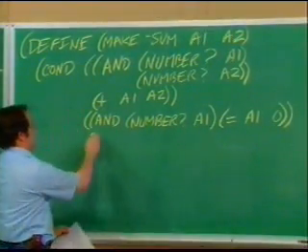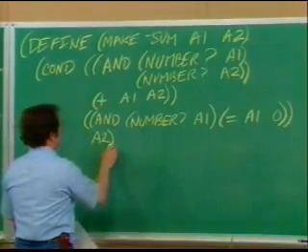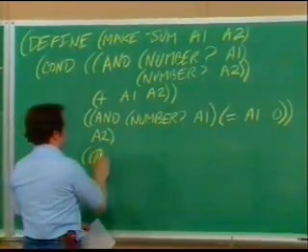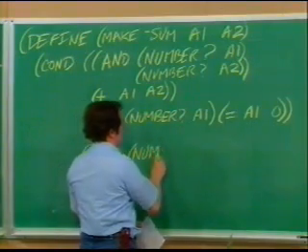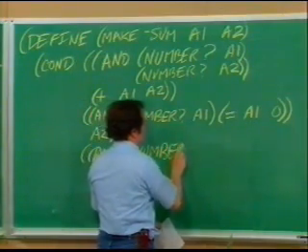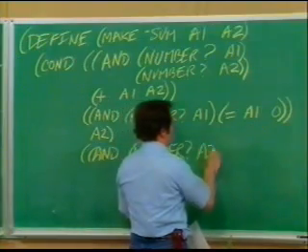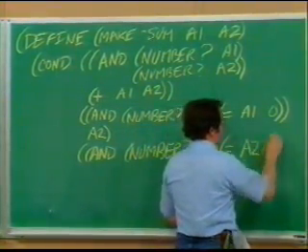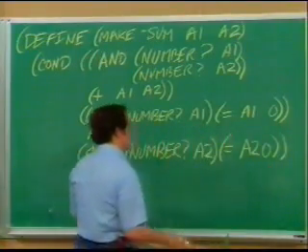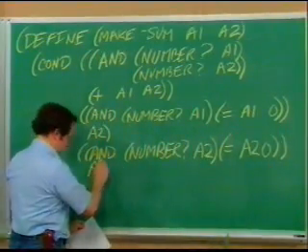There's no reason to make anything up. And if A2 is a number and equal to 0, then the result is A1.